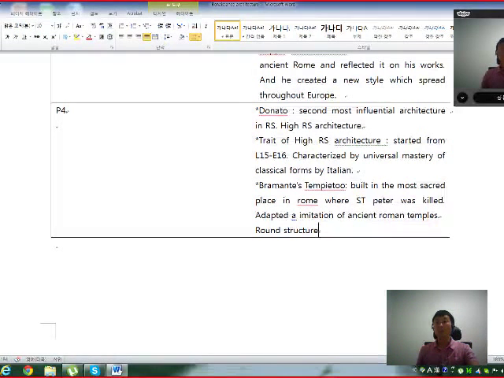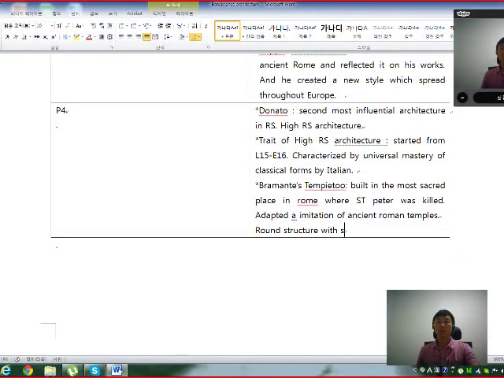They talked about the classical forms, so let's specify what those classical forms are. The round structure with slender Doric columns.